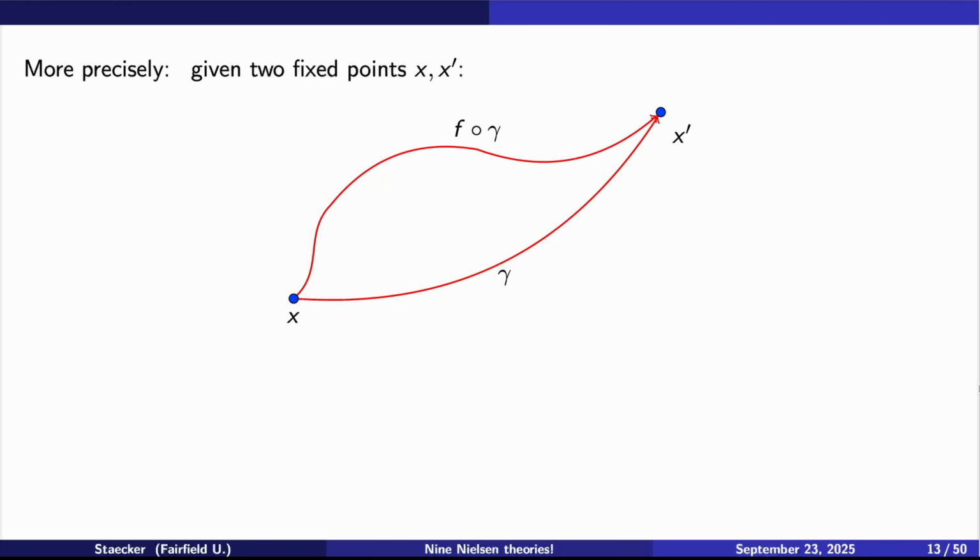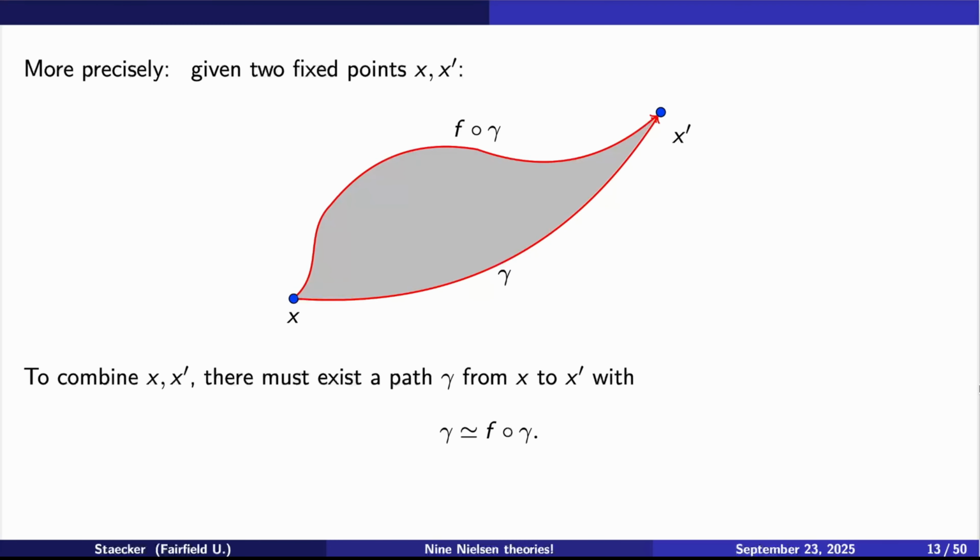And the condition is that this region in between these two paths must have no holes in it. In other words, fixing the endpoints, this path is homotopic to this path. That's the condition. So to combine x and x prime, there must be some path gamma with this property: gamma is homotopic to f composed with gamma as a path with fixed endpoints. All right. In this case, we say x and x prime are in the same fixed point class.